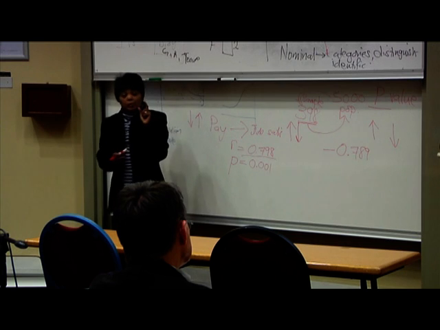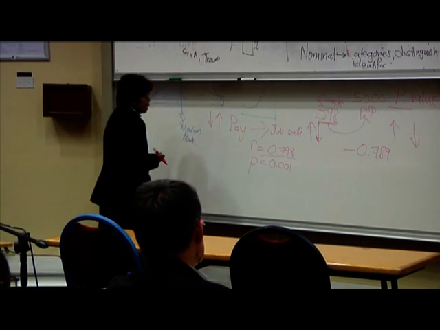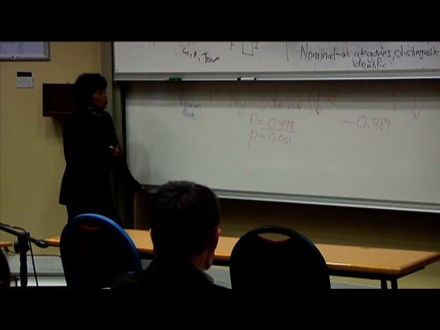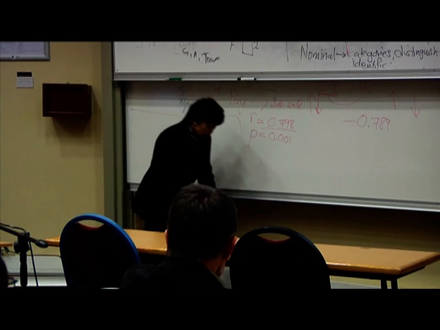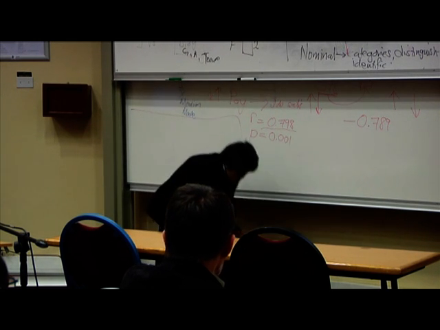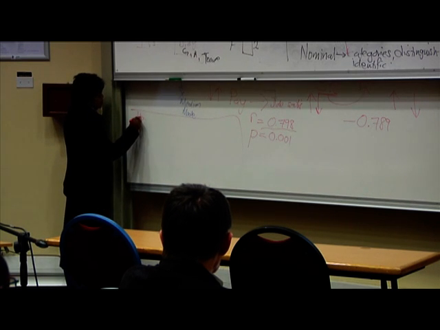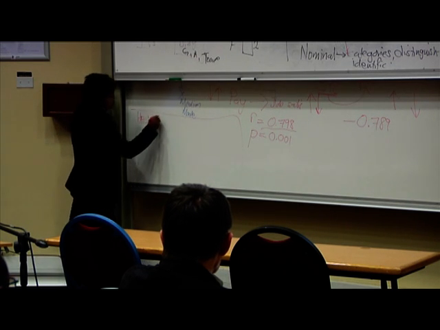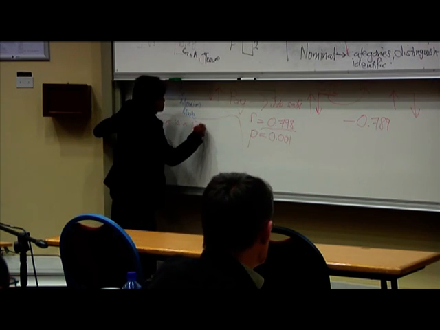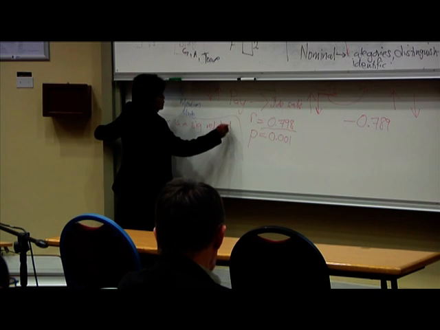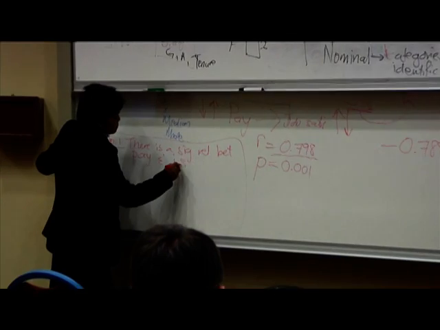Okay? But remember, we only took one pair of variables at a time. How do you present this? When you have done your study, when you are presenting your results, always give your hypothesis first. So your hypothesis 1 says there is a significant relationship between pay and job satisfaction.